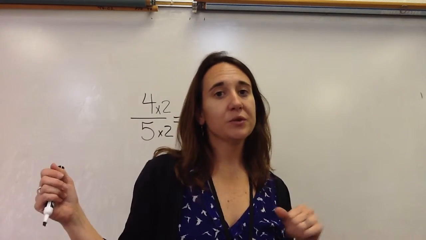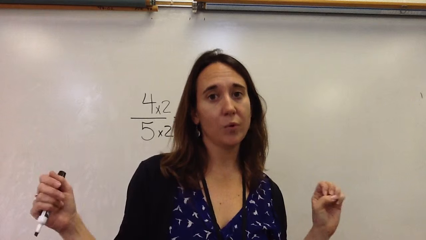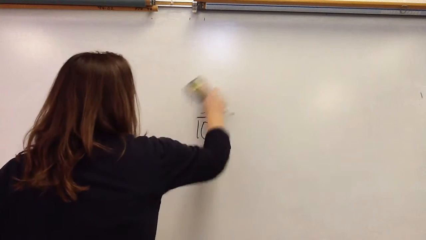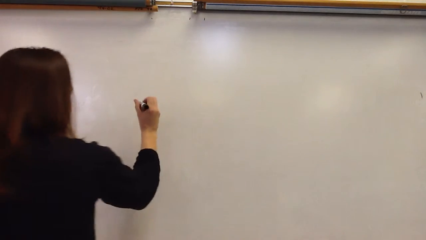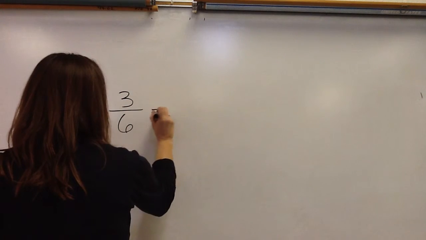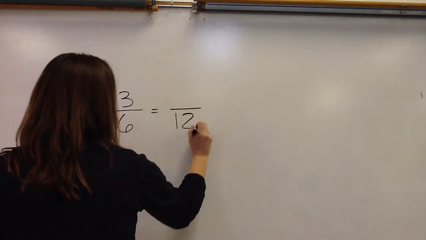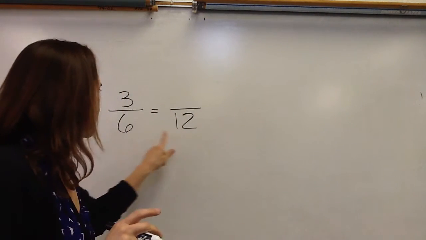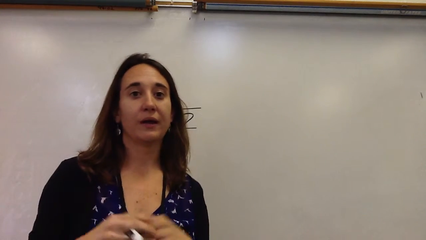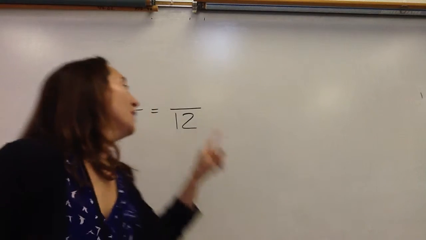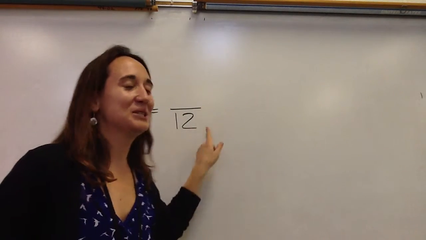So I'm going to put a couple on the board, and I want you to try them yourself. So write these down. Let's see, we want to know what is equivalent to 3/6. 3/6 is equivalent to how many 12s?